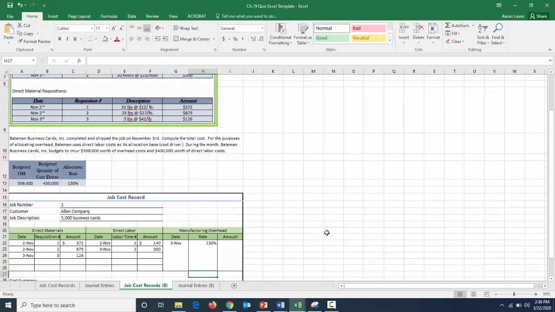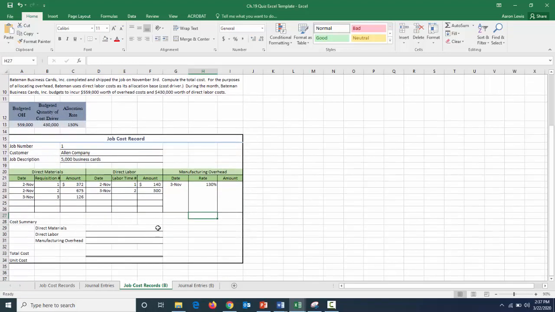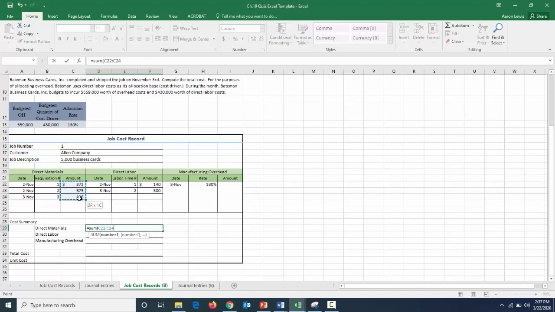So to figure out how much overhead gets allocated, we need to first figure out what our total direct labor costs are. Actually, let's do direct materials first. Direct material costs were the sum of these three numbers. So we had $1,173 in direct material requisitions on this job.